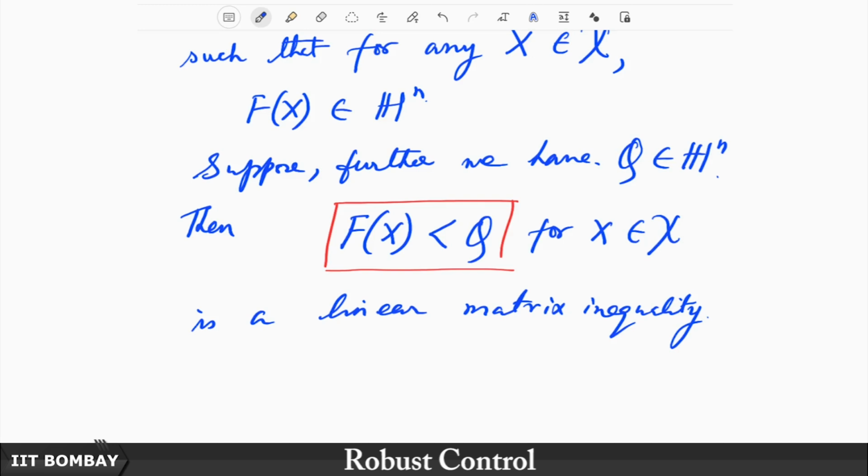Most of these LMIs would be concerned with the problem of whether we can find an x such that this fx minus q is indeed negative definite. That is the feasibility question that we shall be concerned with with respect to LMIs, and that is the first question we shall be concerned with. The second question, of course, being that if this is indeed a feasible problem, then go ahead and find a solution to it.